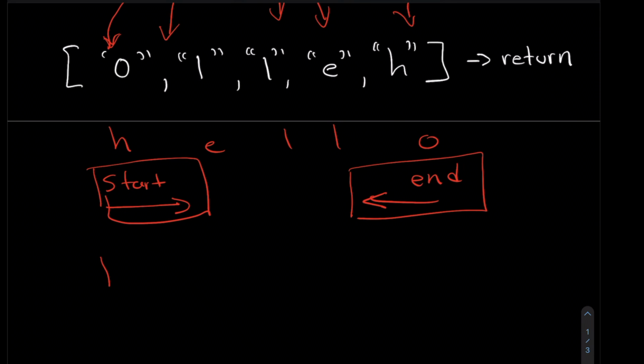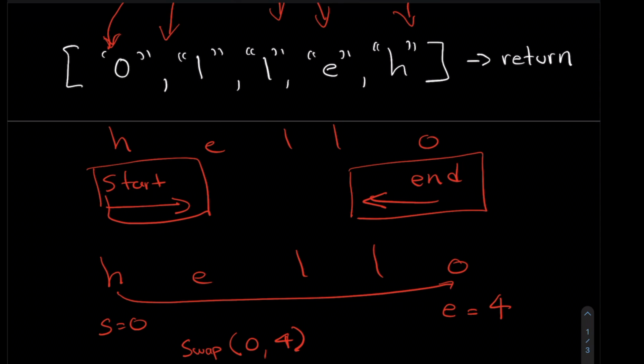So let's walk through what it looks like. So S here is equal to 0, E here is equal to 4. So what we're basically going to do is swap 0 and 4, right? So now this goes here, and this goes here. So now we have O, H.